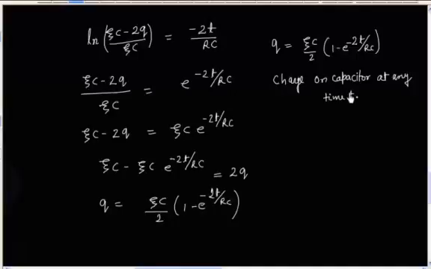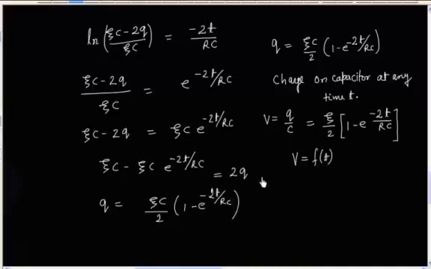So we can calculate the potential difference across the capacitor, that is Q by C. So this becomes xi by 2, C cancels out, 1 minus e to the power minus 2t by RC. So this is the potential difference across the capacitor as a function of time. Now from here one can see at t equals 0, the potential difference is 0.